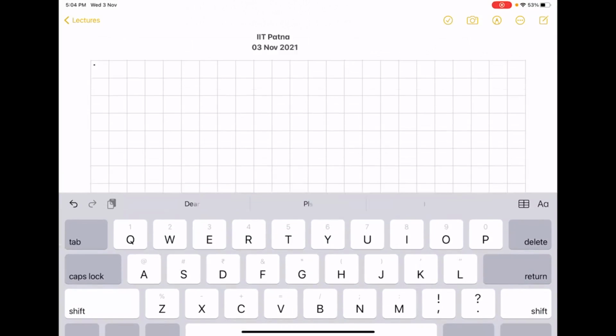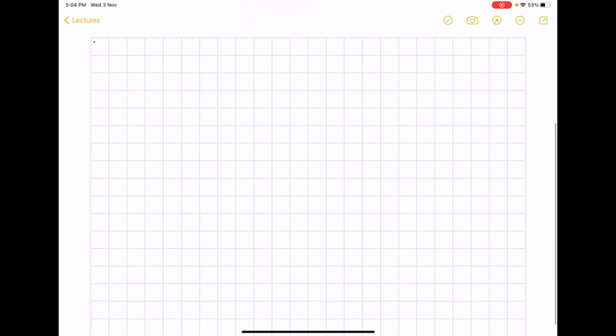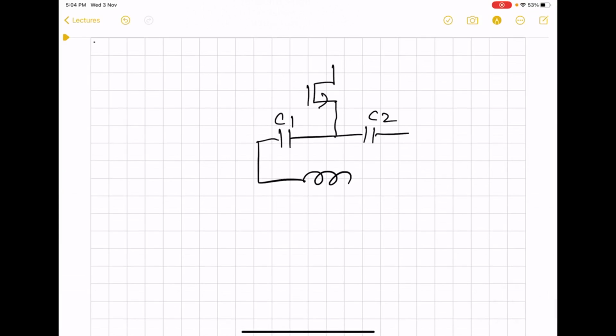We have already seen the Colpitts oscillator. So we have this inductor and we are going to include the loss of this inductor by this resistor R.